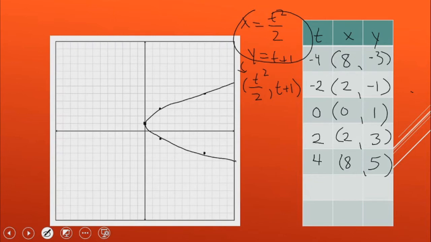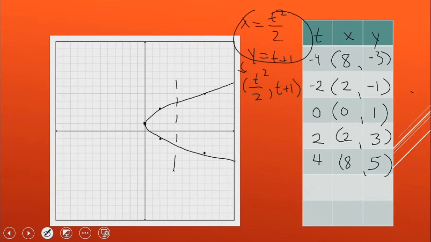In this case, y is not a function of x because it does not pass the vertical line test, right? But y is related to x in some way, and if we were to try to solve this as a function, we would actually get a square root curve. But we don't have to do that right now.